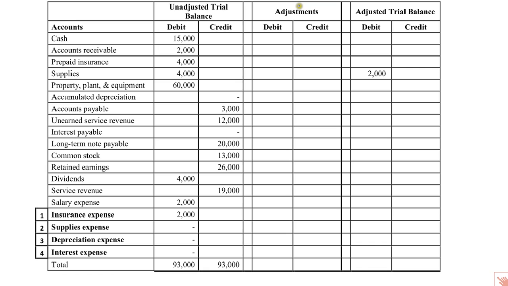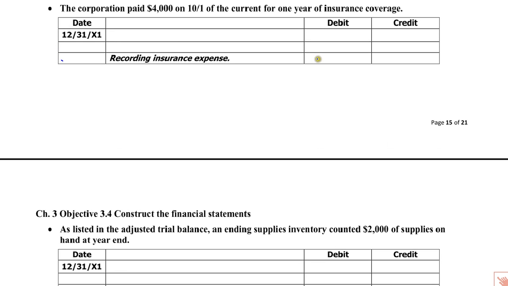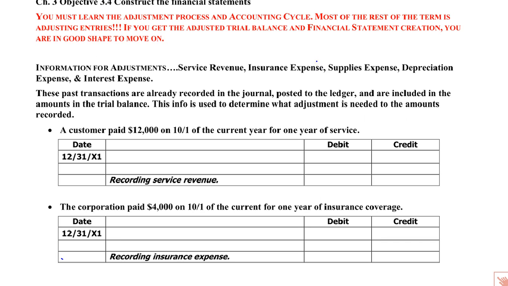So this adjustments column, these are just changes in the balance. Here's the new adjusted trial balance over here. So really, these adjusting entries are just entries. And instead of going to all the trouble of posting them in the ledger, we're going to do the adjustment right here in these middle two columns. All right, but we still have to get the journal entries right no matter what.